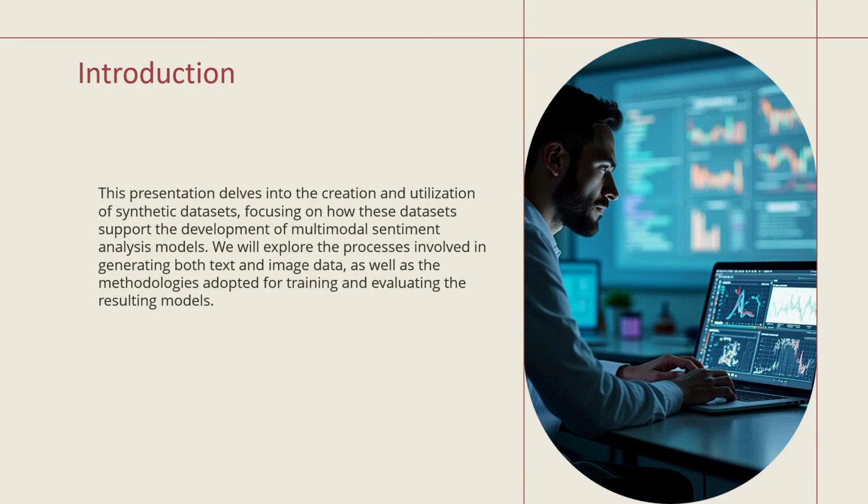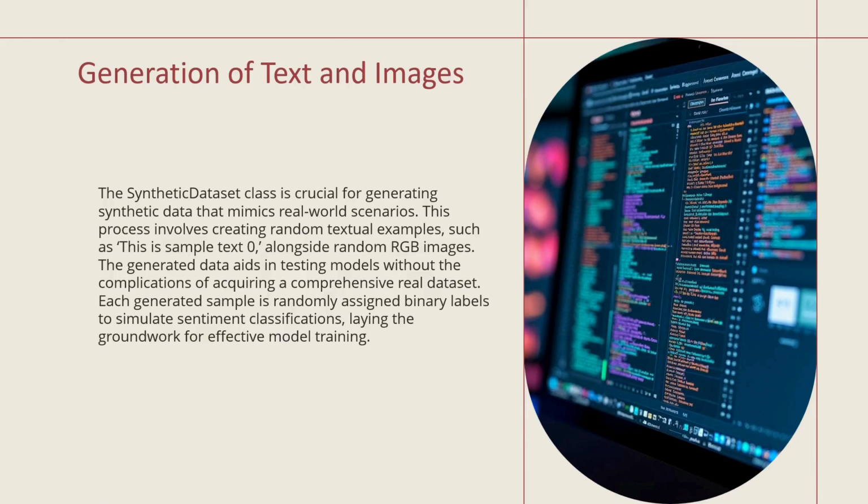Now in this, I have used synthetic data. So why synthetic data? Because real world multimodal datasets are very hard to find, and they are even harder to process. So I have used synthetic data, which simply means auto generated text and images, to quickly prototype and test my model.